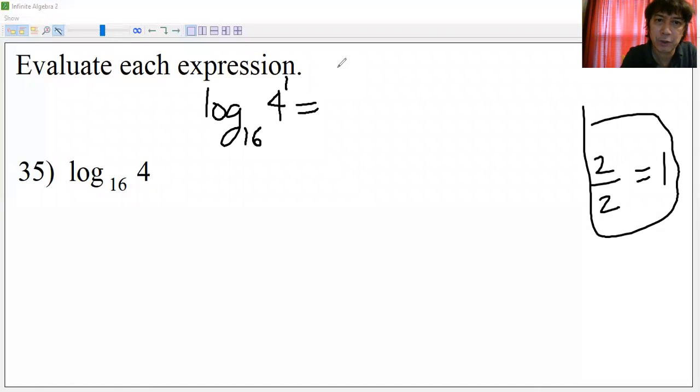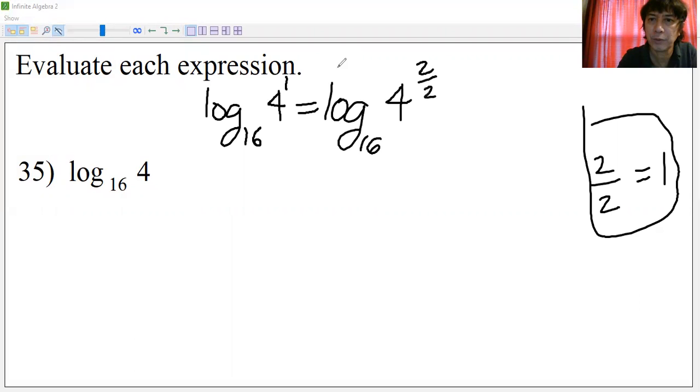So this is now logarithm to the base 16, and 4 raised to 1 is the same as 4 raised to the power 2 over 2. Let's put it in parentheses like that.